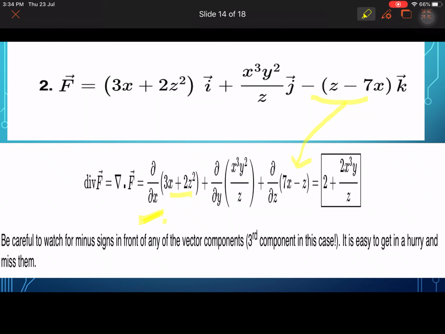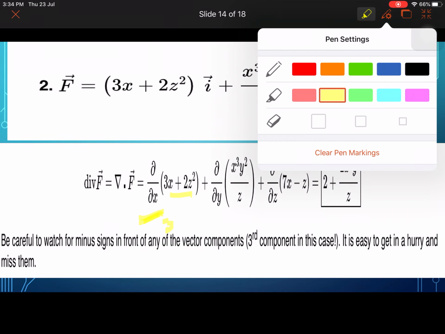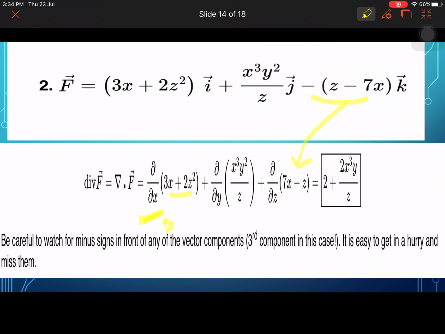This one is 3x, and the other value is 0.